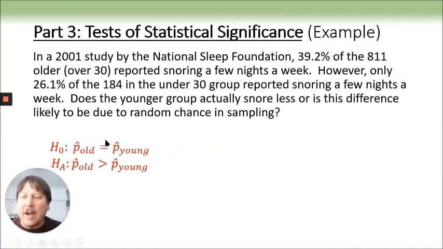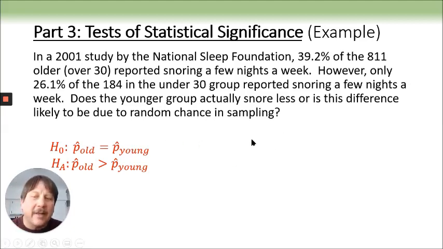So we are going to do our null hypothesis that they are equal and our alternative hypothesis. Now they said that the younger group actually snores less. So you might think I'm writing it backward, but the hungry alligator is eating the big number here. You do have some choices to which one you call the first one or the second one. I'm just putting the older one first because if you subtracted, you'd get a positive value, and that just makes me feel good.